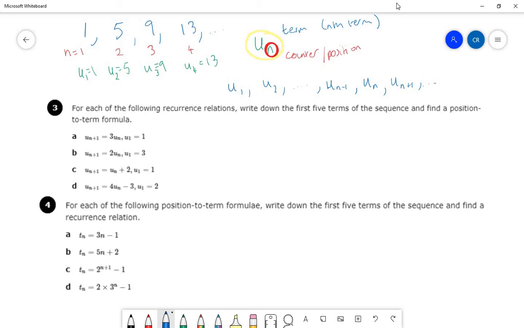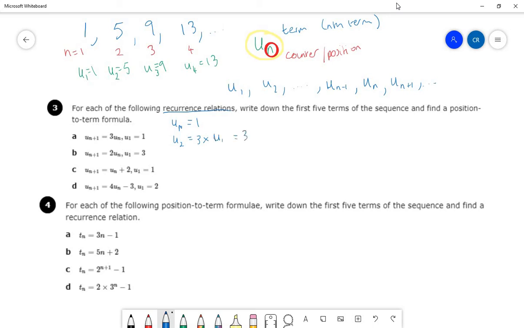Now, in question 2, you're given term recurrence relations, which means you're relating the next term, the n plus 1th term, to the one you're currently on, the nth term. So it gives you the term-to-term rule. So this sequence, we start with u1 equal to 1. Then u2 is going to be, according to this formula, 3 times u1.